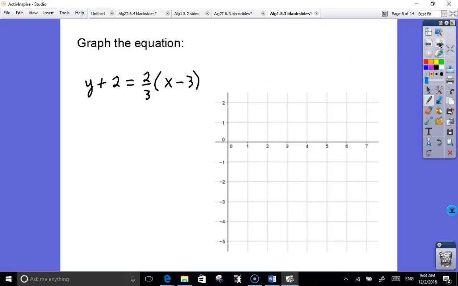Okay, graph the equation. So this time, it's not slope-intercept form where we have the y-intercept, but we do know one point by looking at that. What's the x1, y1? Well, remember, the formula has a minus in it, so you have to think of it kind of like the opposite.